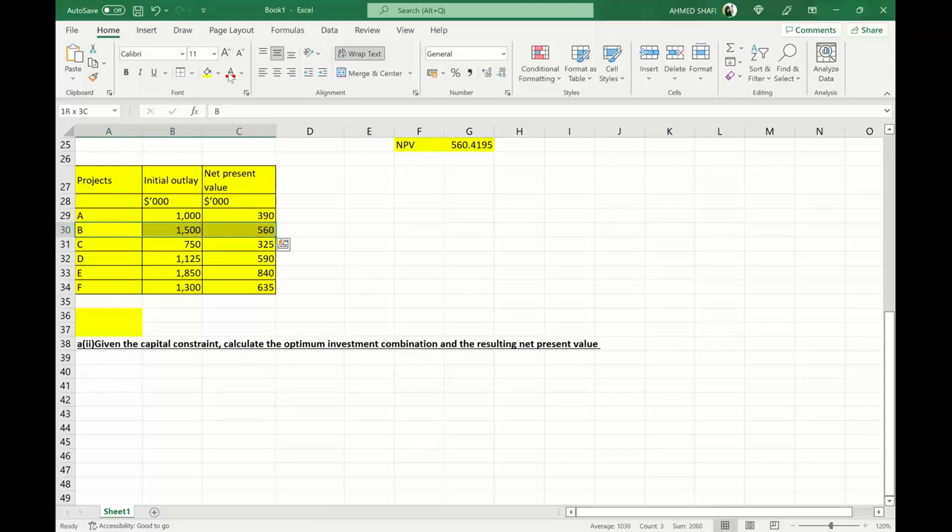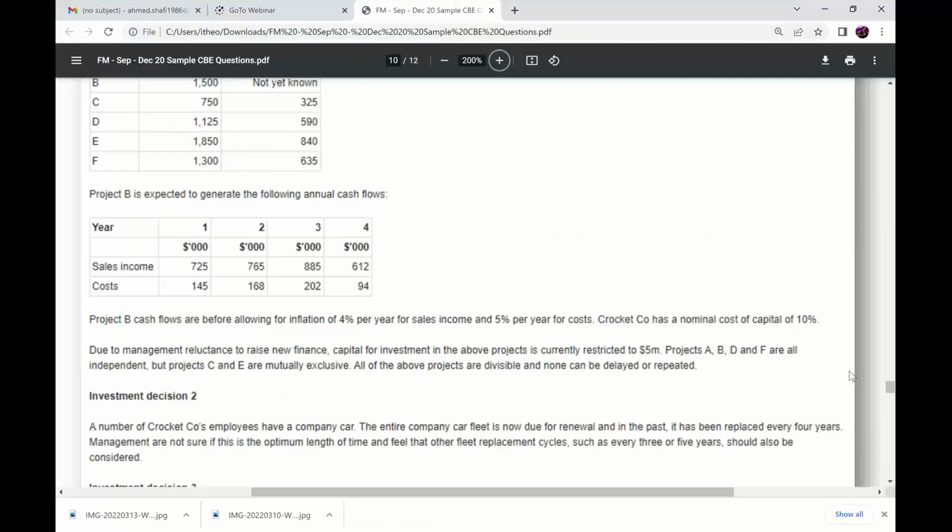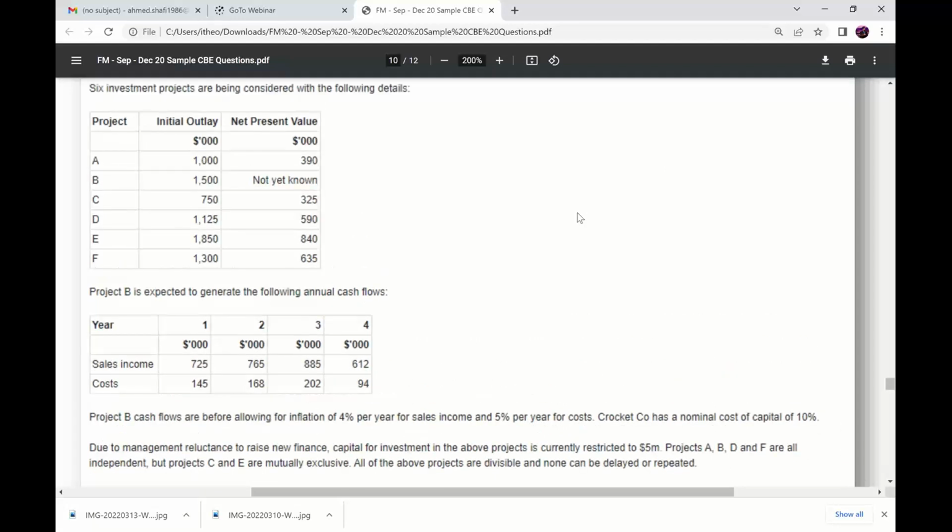I hope there is no confusion. Six projects A, B, C, D, E, F were under consideration. Outlays were given, and with outlays NPVs were given, but project B NPV was not yet known, so we have now found it, 560, because the cash flows were given.